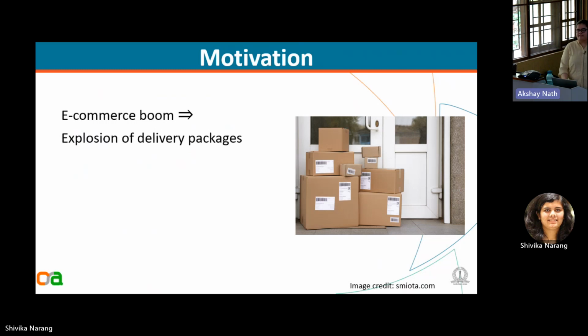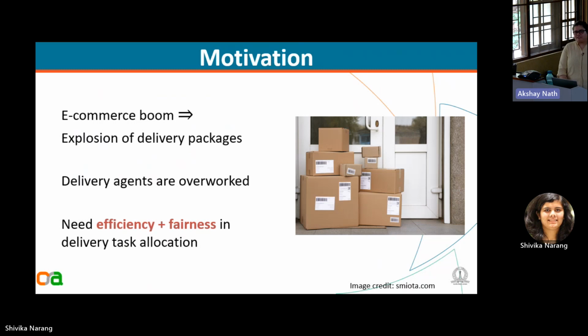And not just inside our homes, but it's also putting a lot of undue burden on the people who will be delivering these packages. And it's very well covered in news media also that the working conditions for these people are not good, essentially. So it is imperative that we find efficient and fair allocations of these delivery tasks.